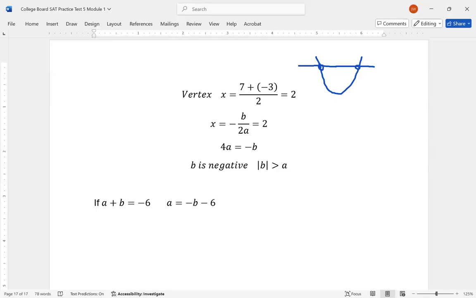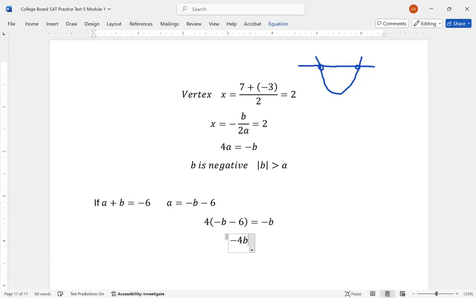Plugging that into our equation 4a equals -b gives me 4 times (-b - 6) is equal to -b. We're going to solve that equation.